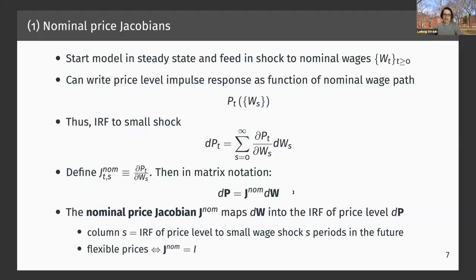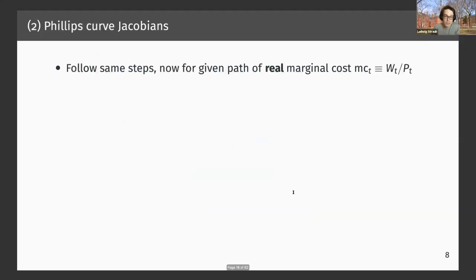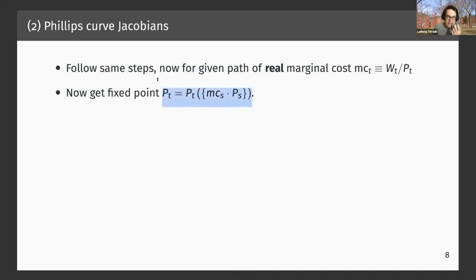Now we're going to take one more step and see whether from this model we can learn about the relationship between real marginal cost and prices. So now we're going to take as given a path of these real marginal costs, or here real wages. I'm just calling it real marginal costs because that's how we typically build it into DSGE models. And now it's no longer such an easy relationship, because if you write down what the menu cost model gives you, it's a relationship between the price at every given period as a function of marginal costs times prices at any other arbitrary period.